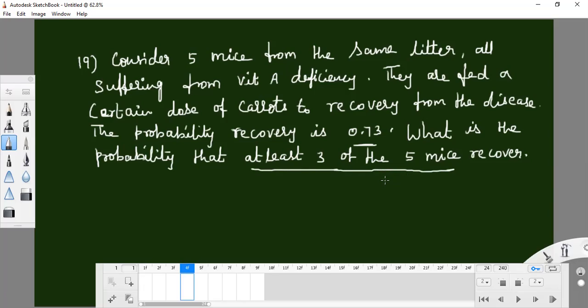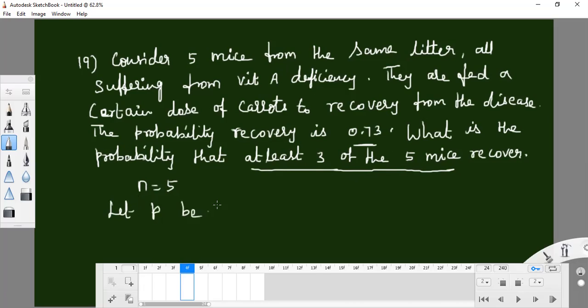So what is the value of n here? 3 out of 5, so you can take the sample size as 5 mice. So n equal to 5.